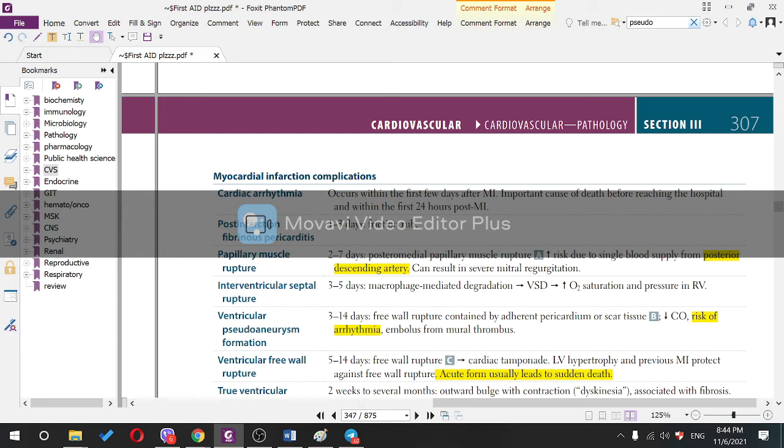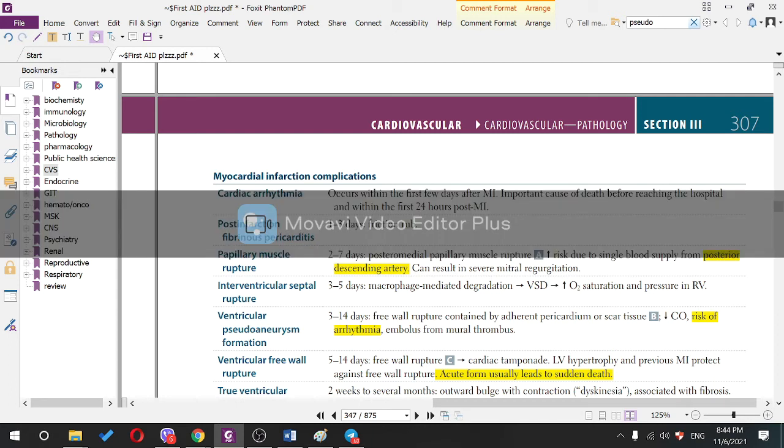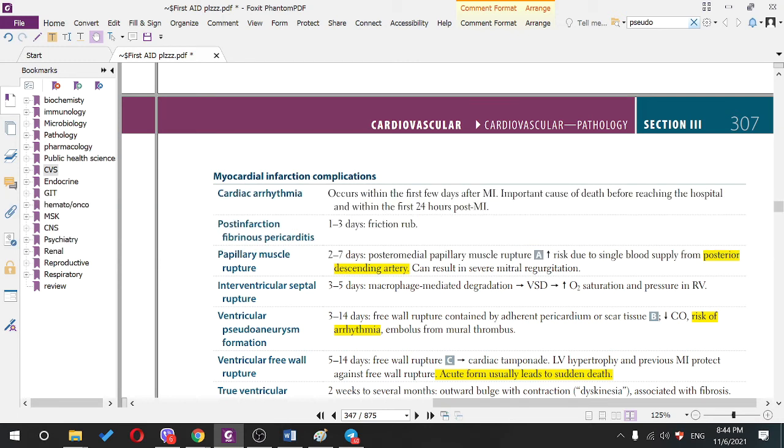Ventricular pseudoaneurysm. Guys, is ventricular pseudoaneurysm a complication of the scarring or a complication of the macrophages eating the heart? Macrophages, yeah. Okay, is ventricular true aneurysm a complication of macrophages or a complication of scarring? Yes, it's a complication of scarring, that one.